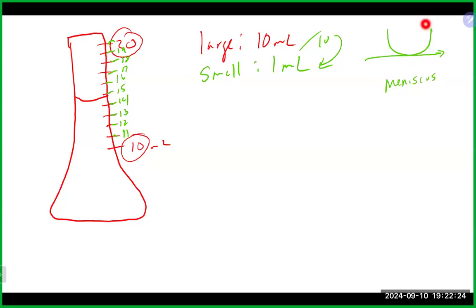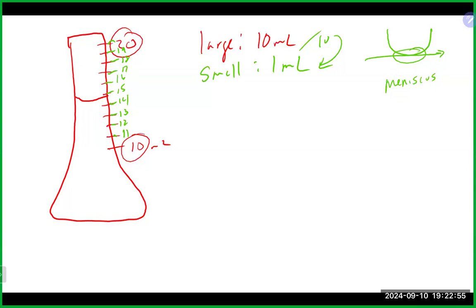The curvature occurs, as we will learn later on, because the liquid in contact with the glass rises up the walls through capillary action, because the attractive force between the liquid and the glass is stronger than the attractive force between the liquid and itself. So the sides touching the glass start to come up. That's why we read from the bottom of the meniscus where it is not touching the glass, because without that attractive force, that's actually where the volume is.